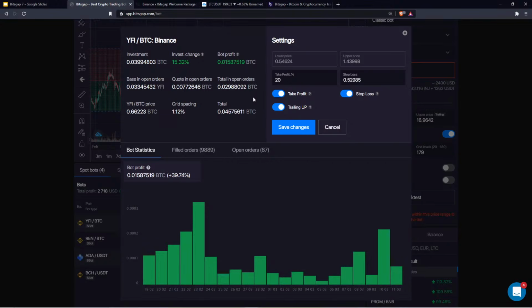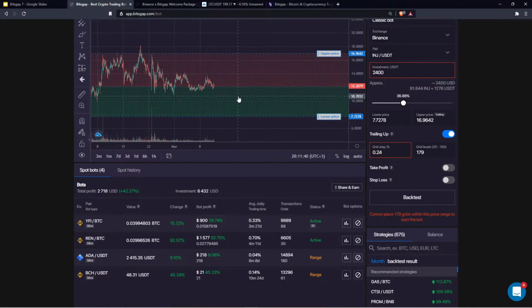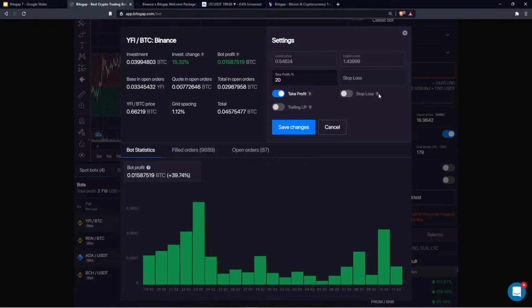You are no longer able to change the amount of grid levels, because otherwise it would just destroy the configuration entirely, because interrupting the process is never good. You are basically trying to interrupt the process of trading. That's why we don't have this option, and that's why if you want to set fewer or more grid levels, you just close the bot and launch it with new settings. The only settings that you can change are the trading up, take profit, and stop loss.